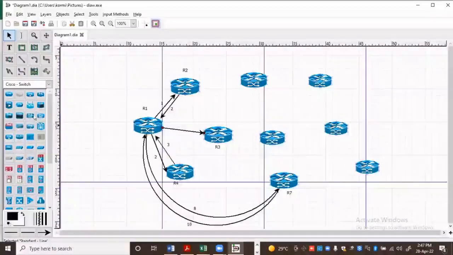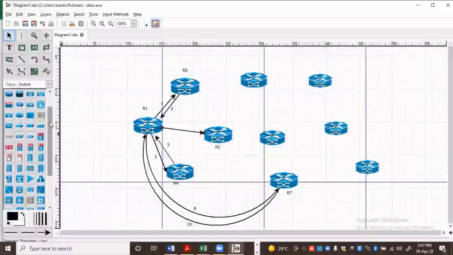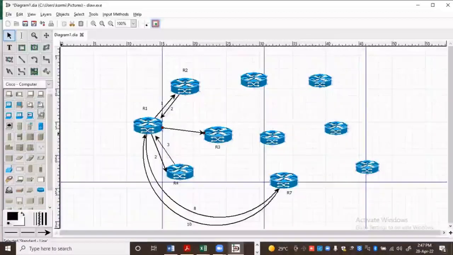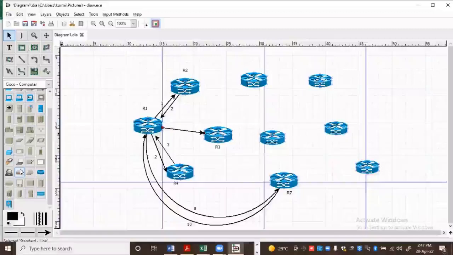Let me get a computer here, or should I say a modem? Okay, this is my modem. This is what I have over here, my ONT, my optical network terminal that connects to Vodafone.